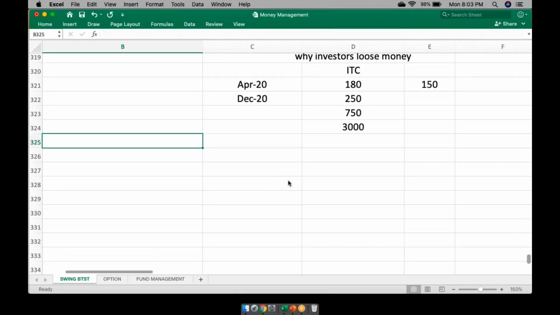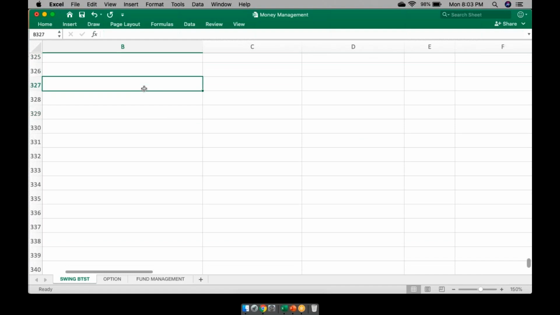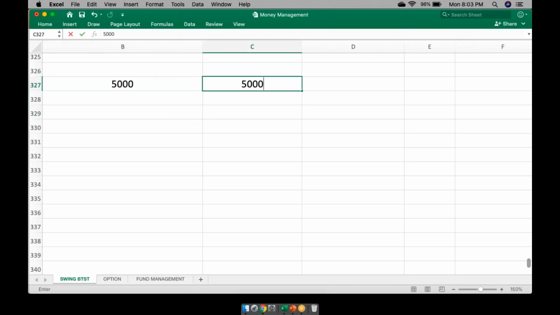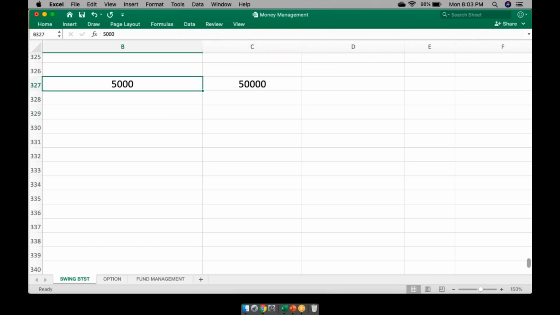See, I'll tell you one more way. The stock went from 5,000 to 50,000, but nobody knew it would go to that level. So it is like once in a blue moon, one stock happened, so it is done.